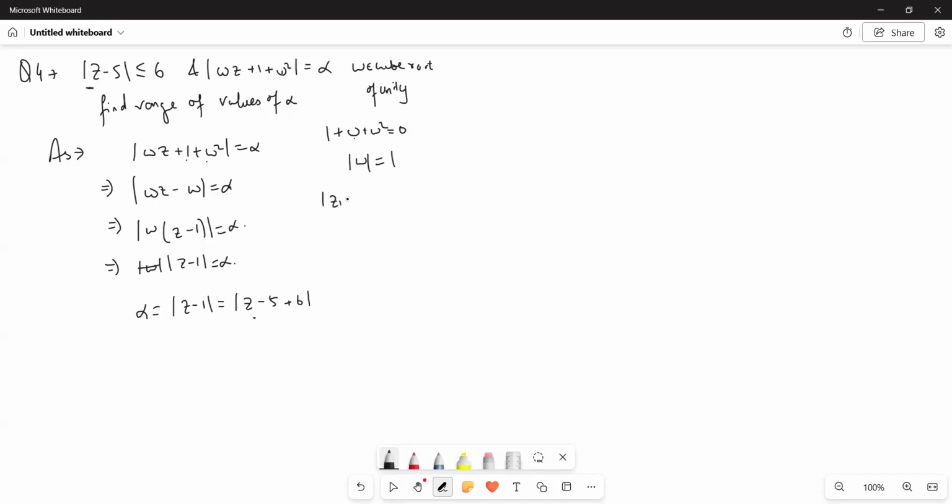Triangle inequality, mod of z1 plus z2 is always less than equal to mod of z1 plus mod of z2. So triangle inequality लगा दिया, तो this expression will always be less than equal to mod of z minus 5 plus mod of 6. What is the maximum possible value for mod of z minus 5? 6.